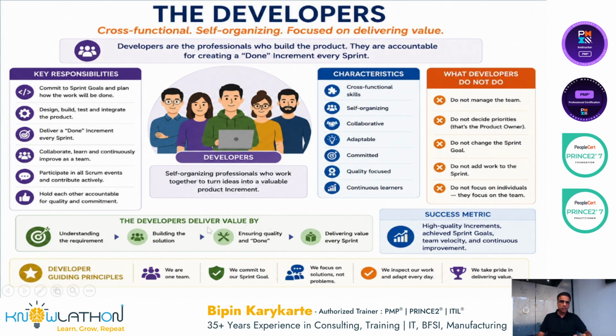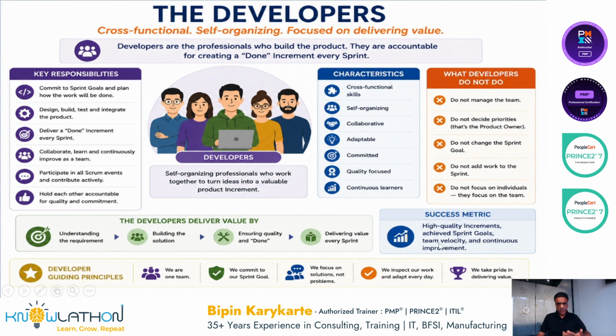The developers deliver value by understanding the requirements, building the solution, ensuring quality and done, and delivering value in every sprint. Their work is evaluated based on the quality of the increments, achievement of their goals in every sprint, the velocity, and continuous improvement. What is the velocity?